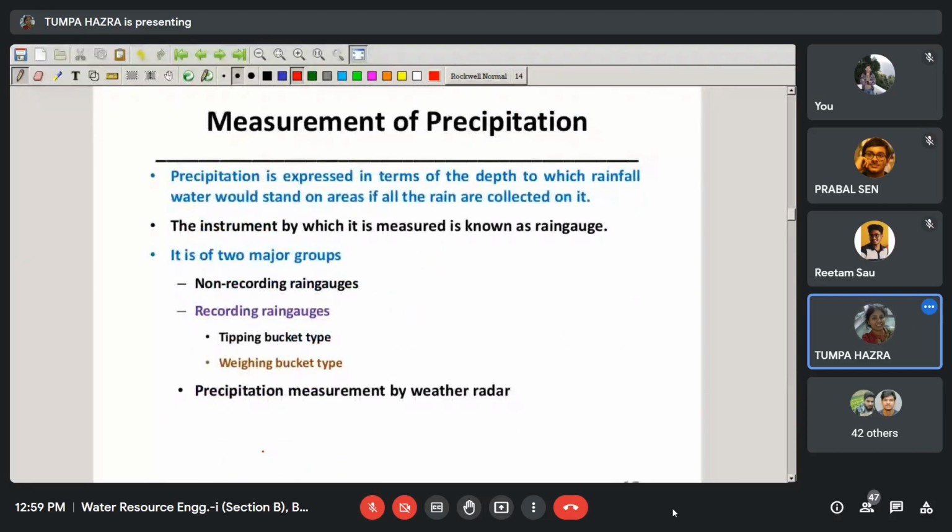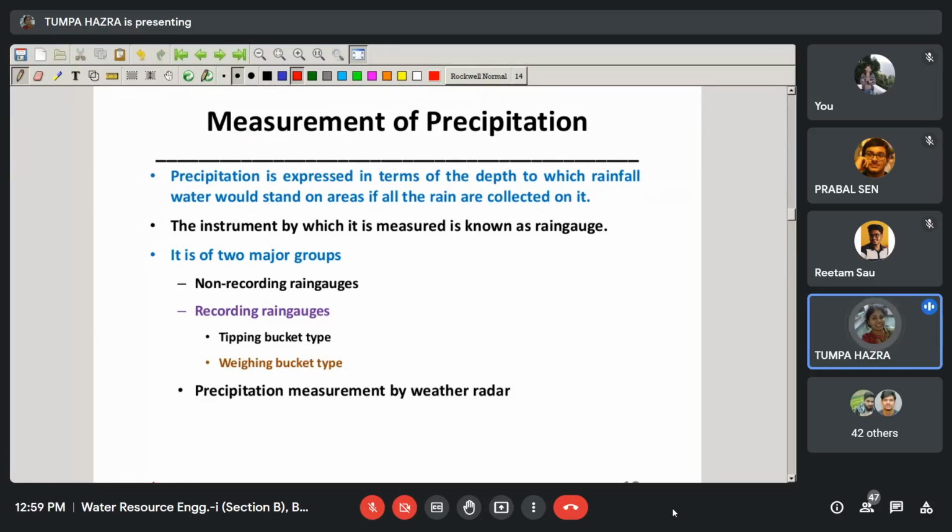Then come to the measurement of precipitations. I already have told you that precipitations, evaporation, etc. can be expressed in terms of depth if you know the time interval and the areal extent.